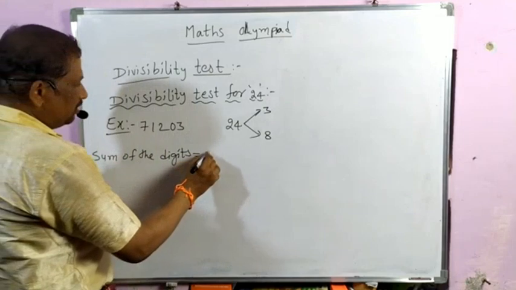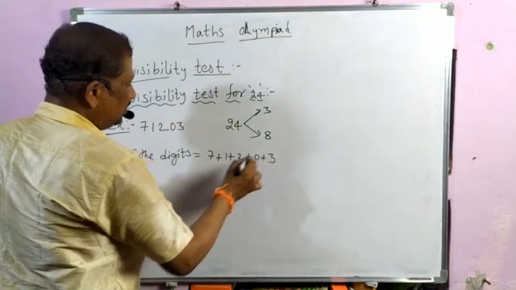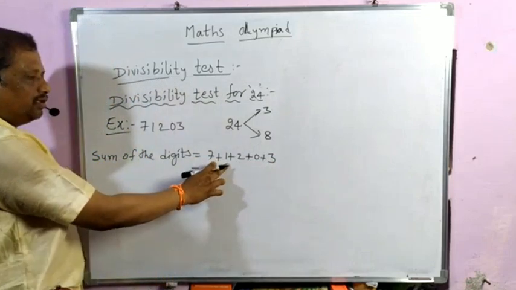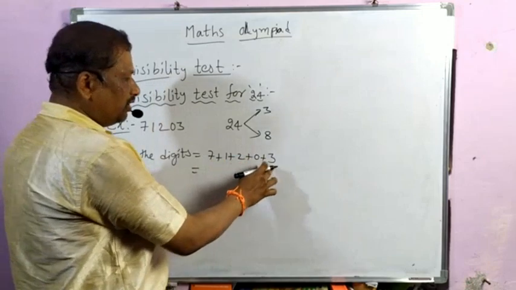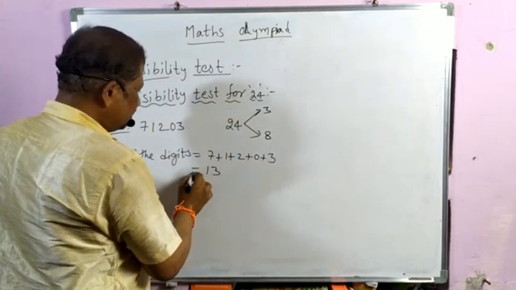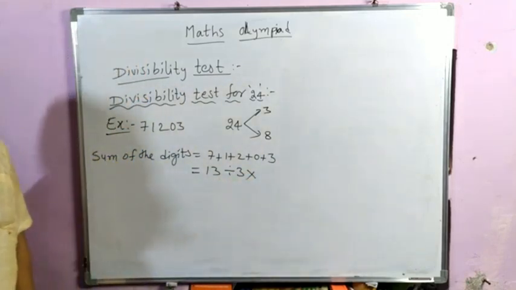Sum of the digits: 7 plus 1 plus 2 plus 0 plus 3. 7 plus 1, 8. 8 plus 2, 10. 10 plus 0 is 10. 10 plus 3, 13. Is 13 divisible by 3? No, it is not divisible by 3. 3 4s are 12, 1 is the remainder.